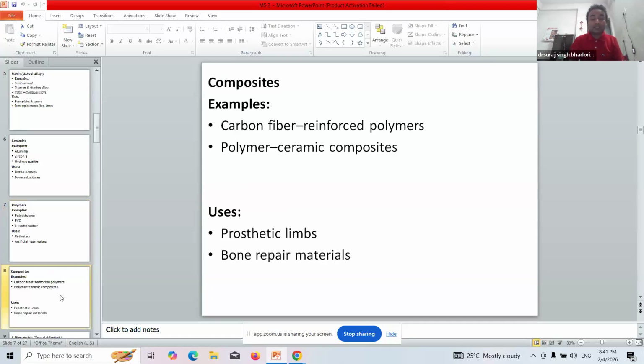The next is the composites. The composites, generally, are carbon fiber reinforced polymers, polymer ceramic composites. So these are combinations of different elements. These are used for prosthetic limbs and bone repair materials. Again, these are used for flexibility. These are used for the purpose of some function. So these are composites.